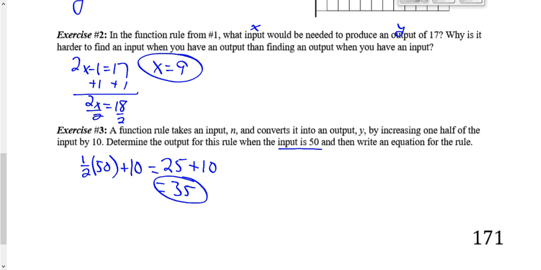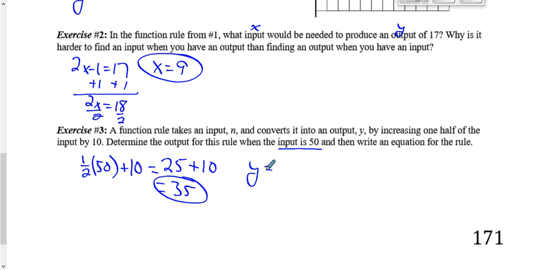Well, let's write an equation for this then. What would it be? You'd output equal doing stuff to an input.